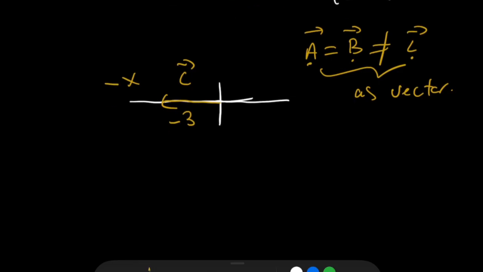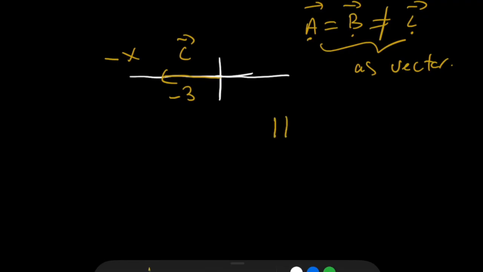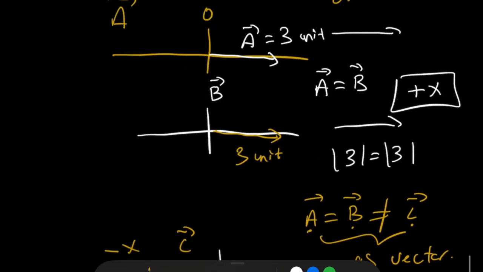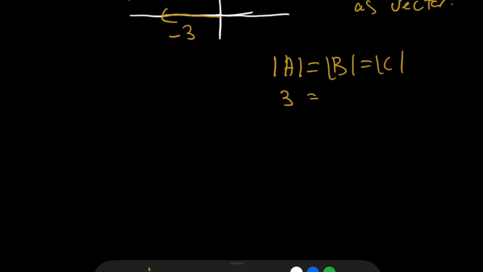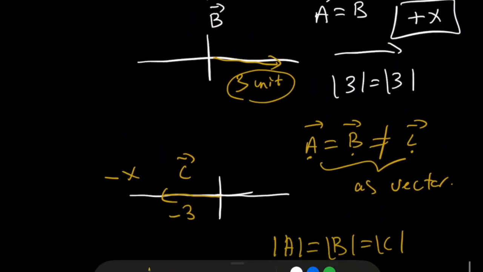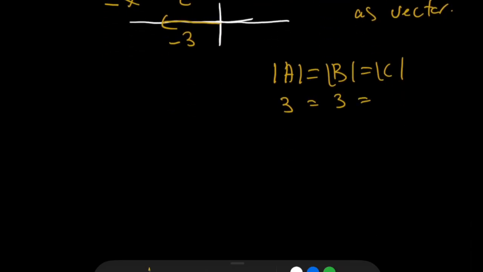Okay, how about the magnitude? A equals b and equals c. Why? Because a is 3 units, b again 3 units, and c 3 units.